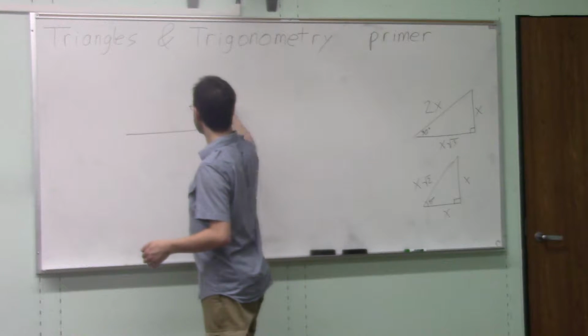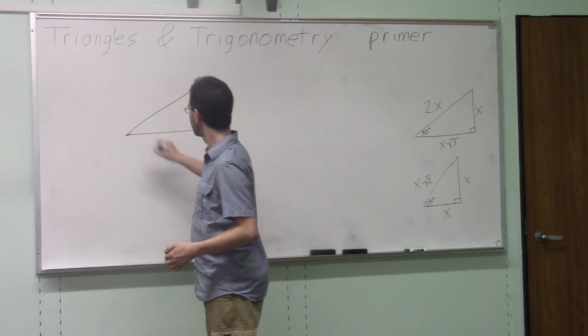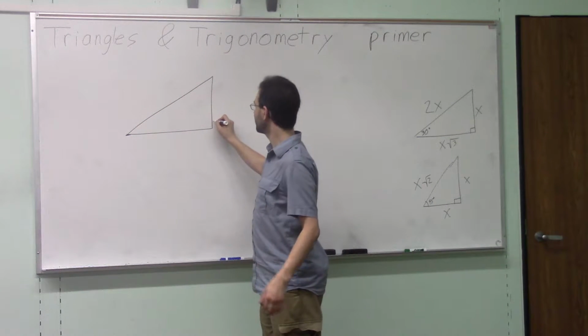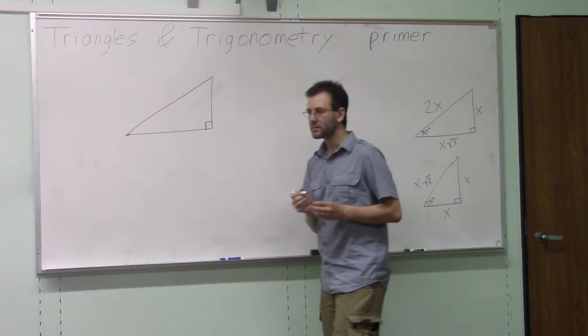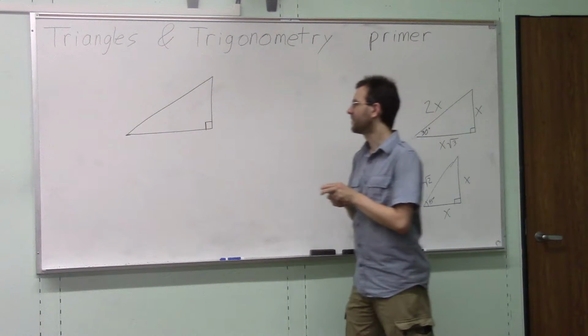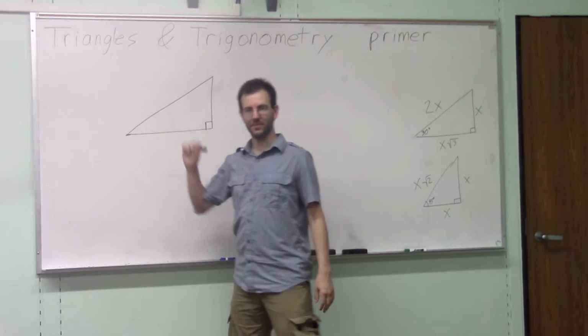Let's take any generic triangle. It's got an angle, and this is a right angle. Now, if I knew just one more angle, I would know the shape of the triangle.